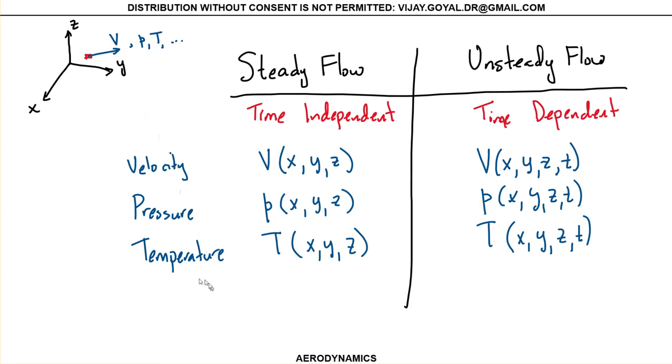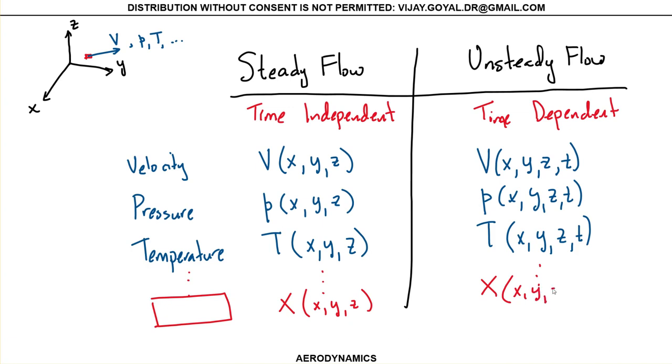In other words, I could have any other quantity I was interested in, and whatever that quantity is, it's a function of x, y, and z, and for unsteady, x, y, z, and time t. We are interested mainly in steady flow, but beyond this course, you can take a higher level course that will teach you more on unsteady flows.